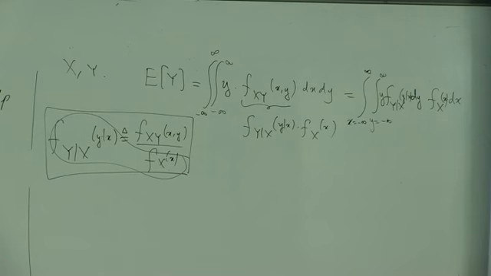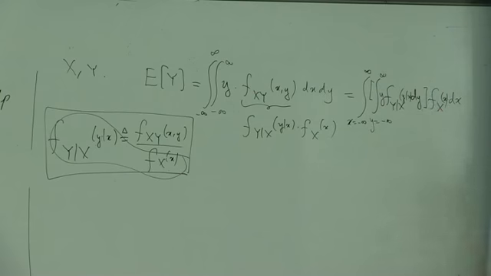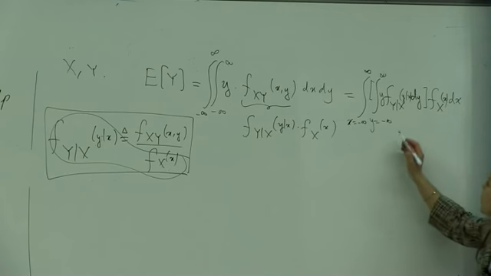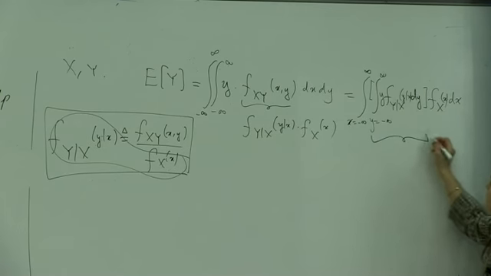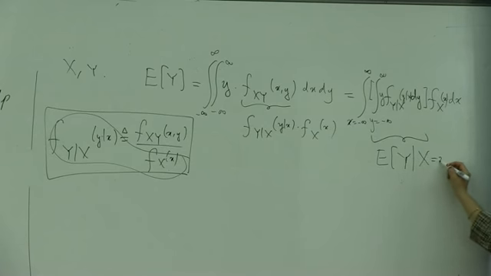All I did is I put this integral together and got f x of x outside the integral. Now, can you tell me what the inner integral is? Expectation of y given x is equal to small x.